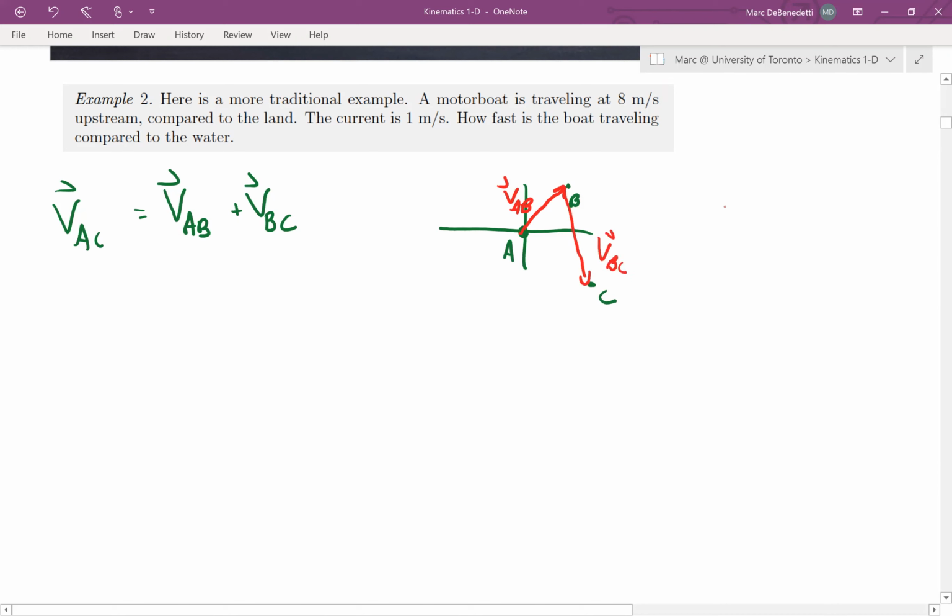Then if you want to add vector AB plus vector BC, in grade 12 calculus and vectors, you're taught that you can just add vectors tip to tail. Given what I've drawn here, we have tip to tail, and then you just connect the start to the finish.